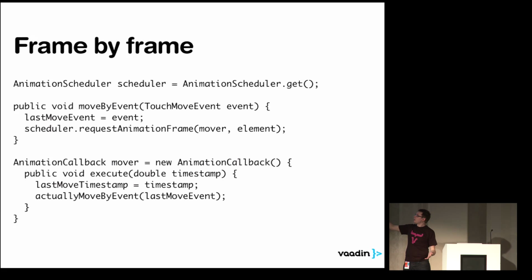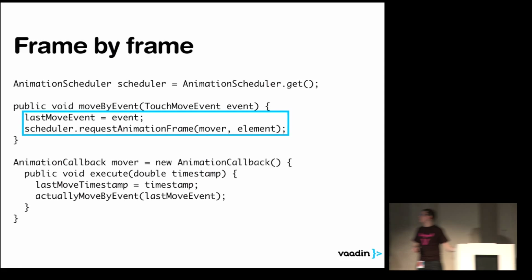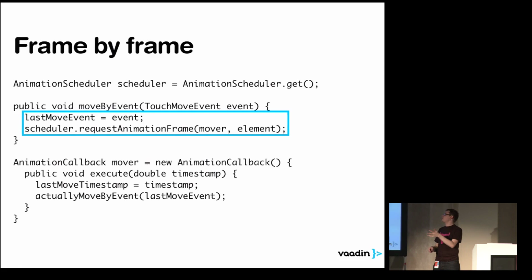So what we do in practice, in the touch move event, we just record that this was the last event we got, so we know where we are, and then we tell the browser, hey, call this move callback when you will actually be needing to know where elements are. And as a small optimization, we can also pass an element to this method.